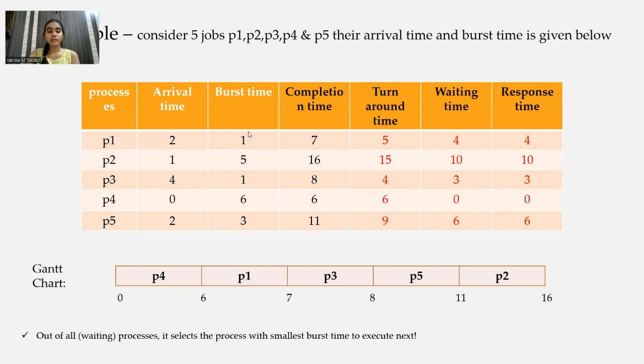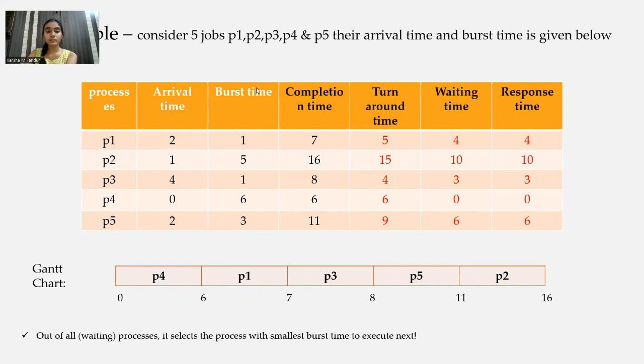But then again, there is a collision here because both P1 and P3 have the same burst time. So in this case, we have to apply the concept of FCFS, that is first come first serve. Since P1 appears first, P1 is allocated here.